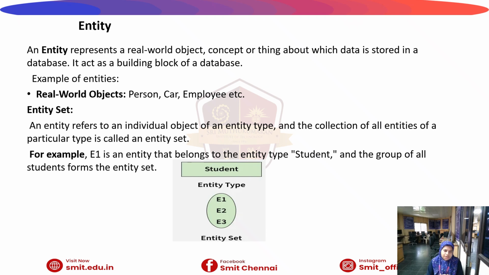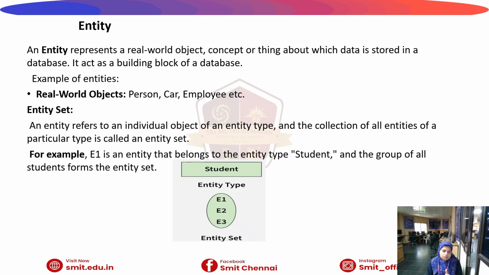Next, what do you mean by entity? First of all, an entity represents a real-world object or concept about which data is stored in the database. It acts as a building block of a database. A real-world object is a person, car, employee, etc. What is an entity set? An entity refers to an individual object of an entity type, and the collection of all entities of a particular type is called an entity set.